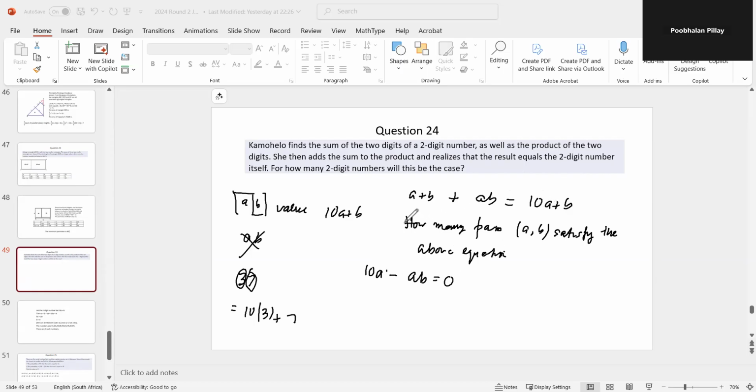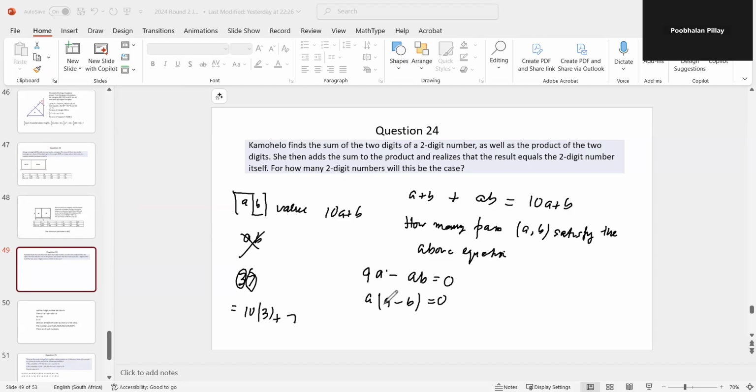Oh, wait a minute, 10A minus A. Okay, 10A minus A is 9A. So let me replace that 10 straight away by 9. So this is the equation you have: 9A minus AB equals 0. And you see A is a common factor, so A times (9 minus B) is equal to 0.